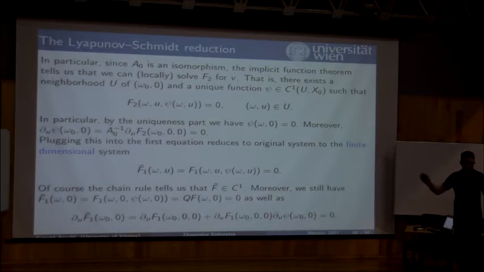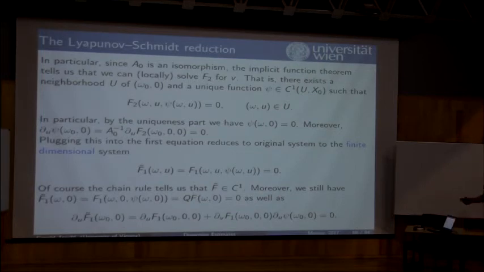The F1 is the finite dimensional one. This we can solve, of course not explicitly, but in theory, the implicit function theorem tells us we can solve this. There's some function psi, which is C1, exists in a neighborhood, and if we plug this into the second equation, then the second equation will be fulfilled.